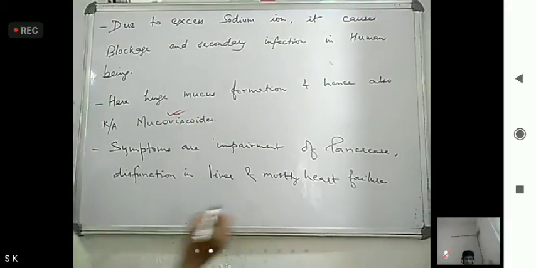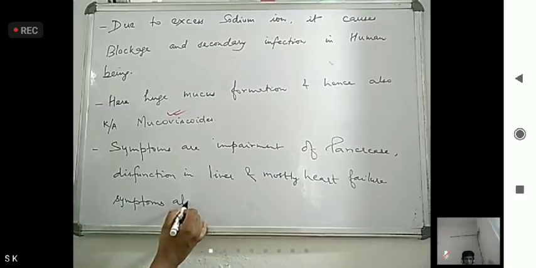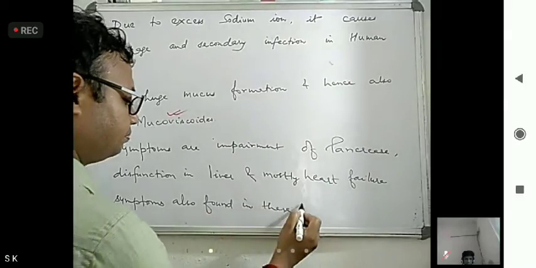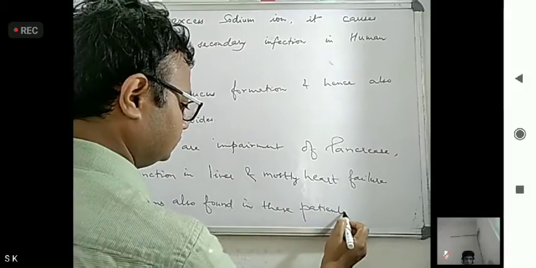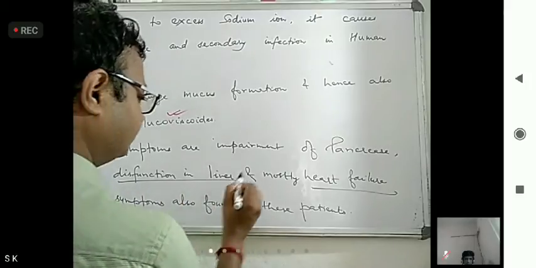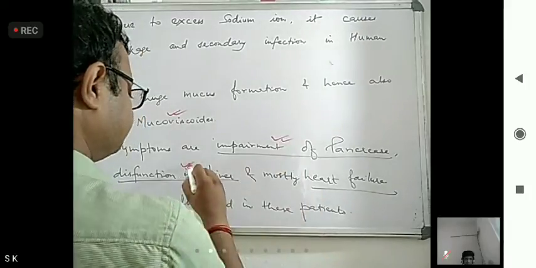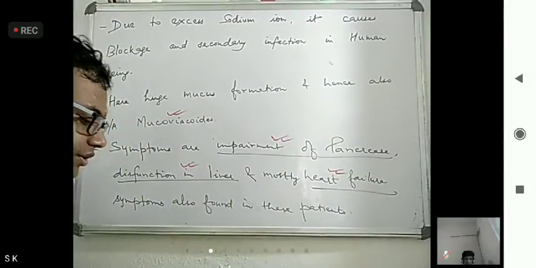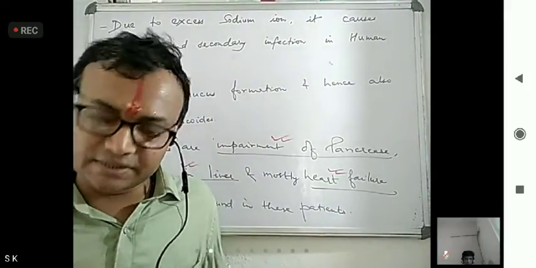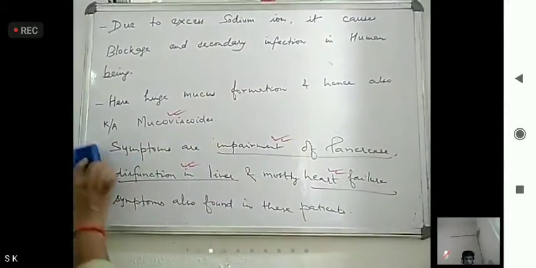Mostly heart failure symptoms are also found in these patients. They have heart failure symptoms, but dysfunction in the liver and impairment of the pancreas are also symptoms present in this cystic fibrosis. Okay, now the next disease is Tay-Sachs disease or infantile amaurotic idiocy, IMD.